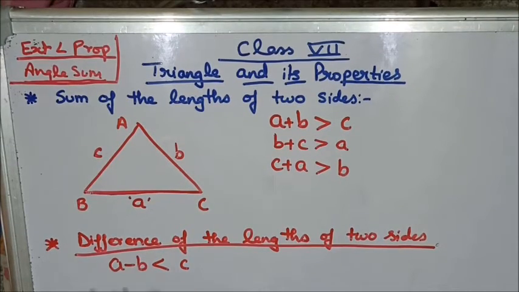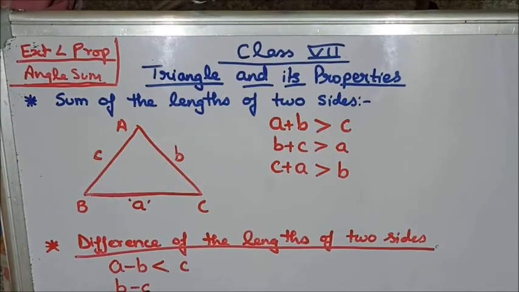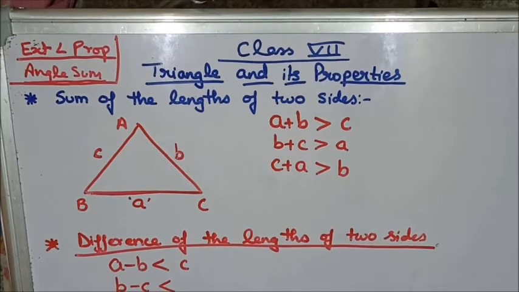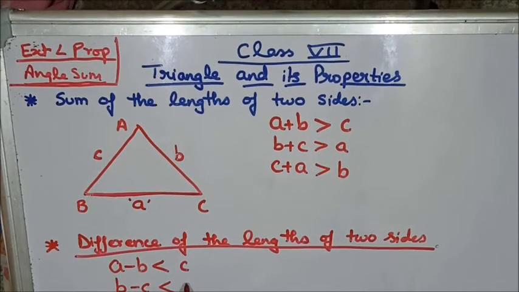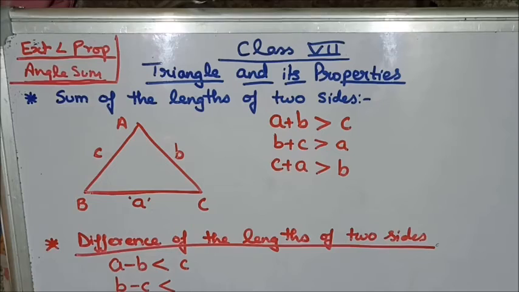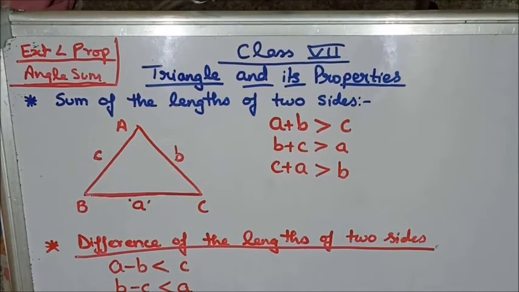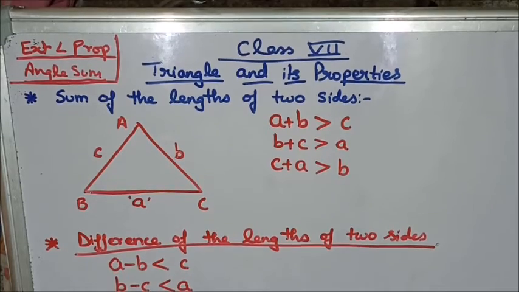Any two sides you can take, and if you take the difference, it will be lesser than the third side. Now I have taken B and C, so the third side is A here. If I take C minus A, it is less than B.